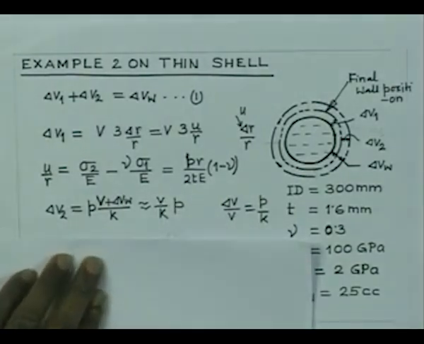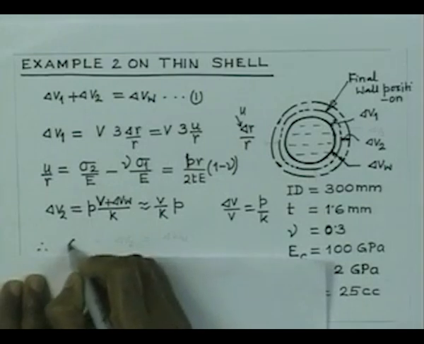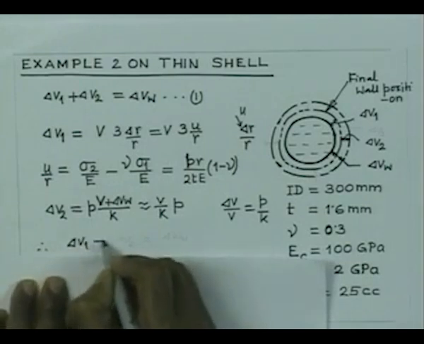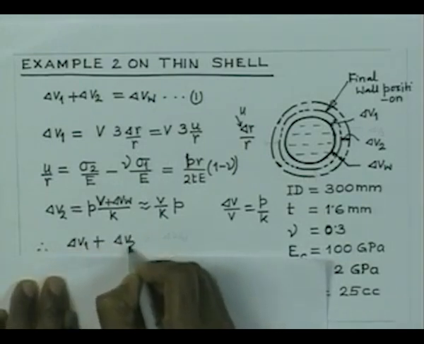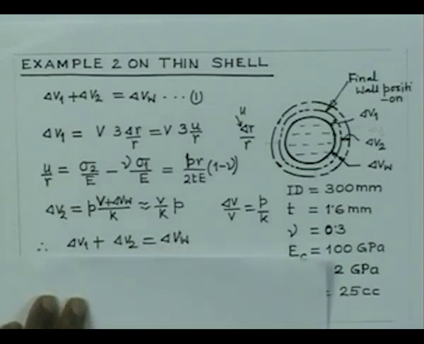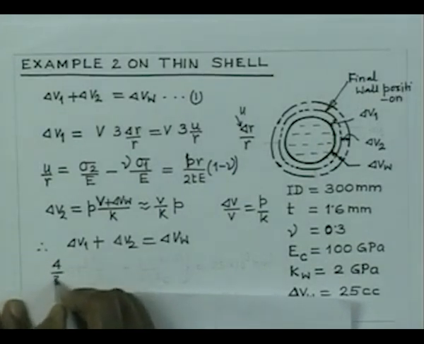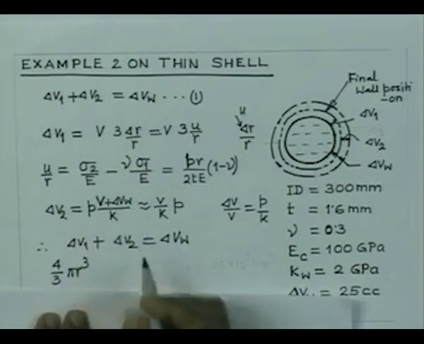So, everything is available in terms of pressure, and now from the compatibility equation we can write delta V1 plus delta V2 is equal to delta VW, and you substitute the values. The volume of the sphere is nothing but 4/3 pi r cube.